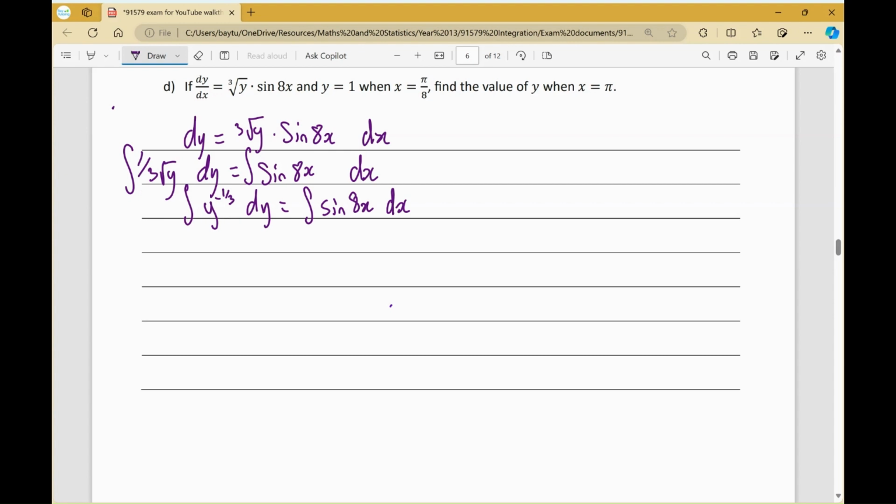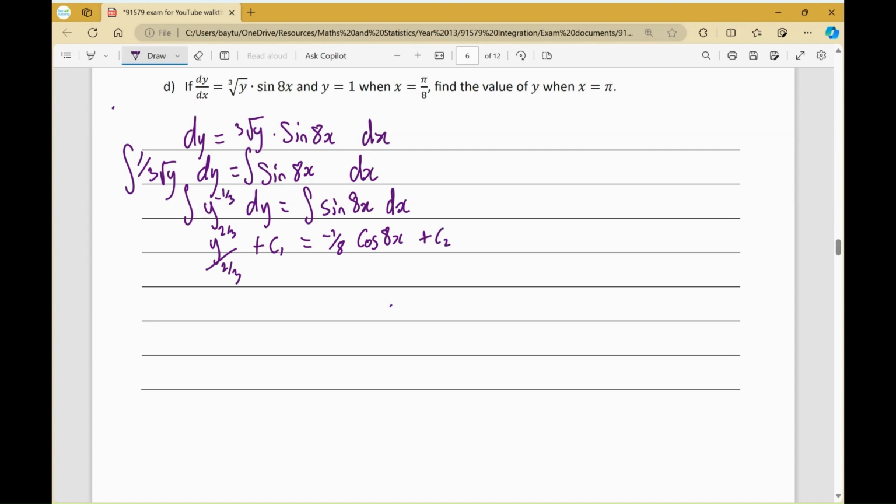Now we integrate both sides. So add 1 to the power is 2/3, divide by the power, plus C1. We're going to get a constant of integration on both sides. So plus C2. So that's why I'm calling them C1 and C2.